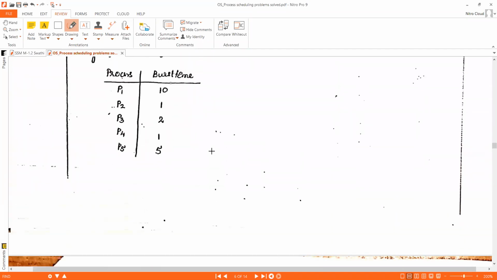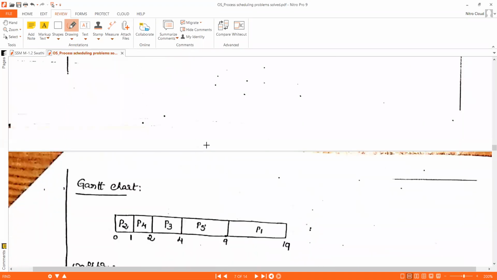Now the remaining processes are process 3, process 1, and process 5. Among these 3 processes, the shortest burst time process is process 3. So process 3 will get the CPU. Its burst time is 2 milliseconds, so at clock time 4, process 3 will complete execution.